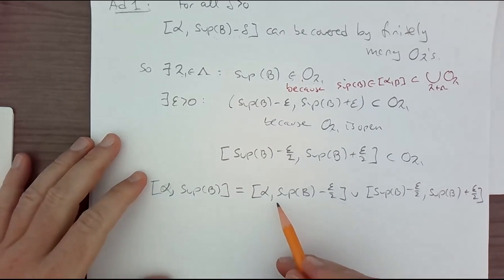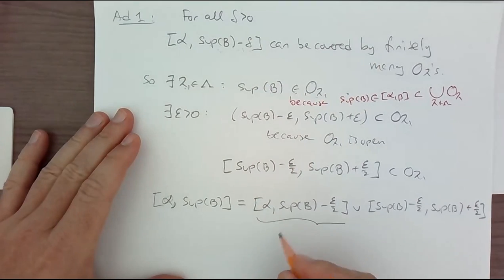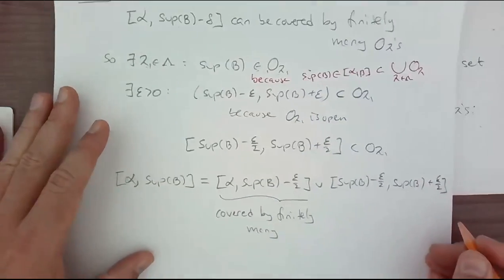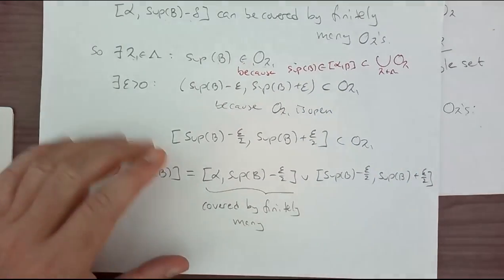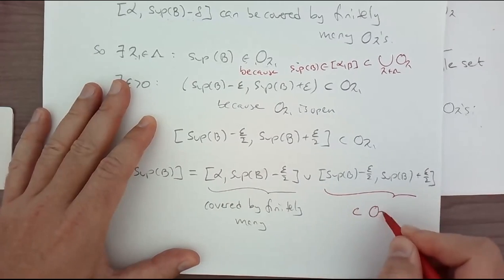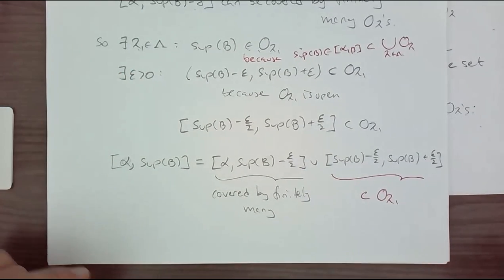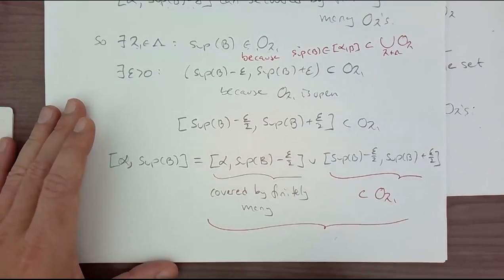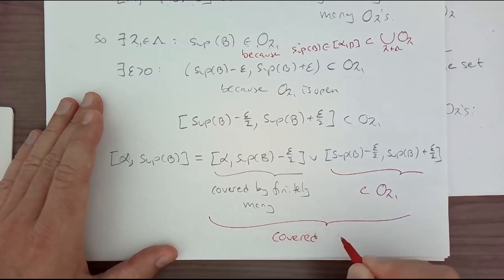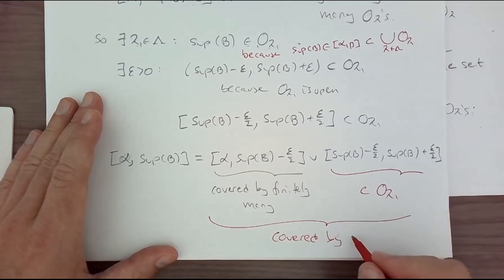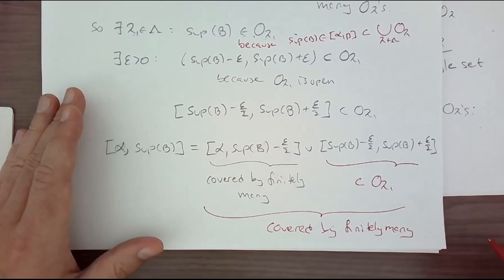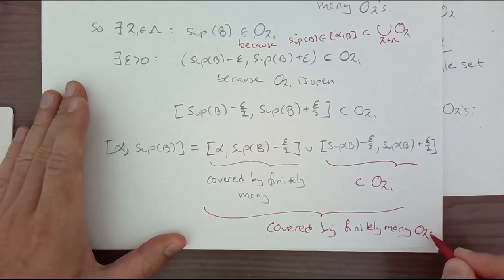And this first one, by what I have up, is covered by finitely many. And this part here is a subset of O lambda 1. So then I have finitely many union 1. And this means that all this stuff here is covered by those plus this one. This is covered by finitely many of the O lambdas.